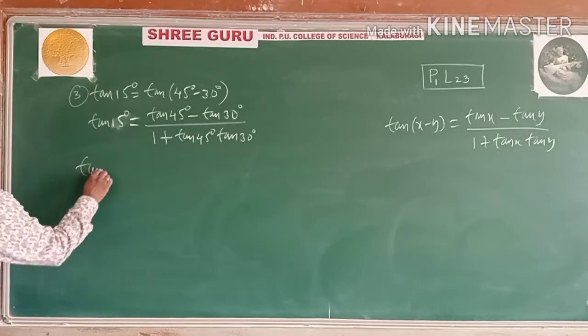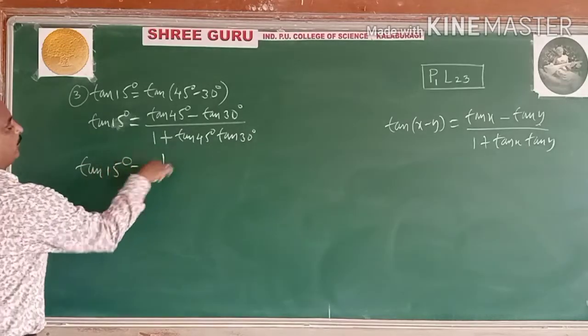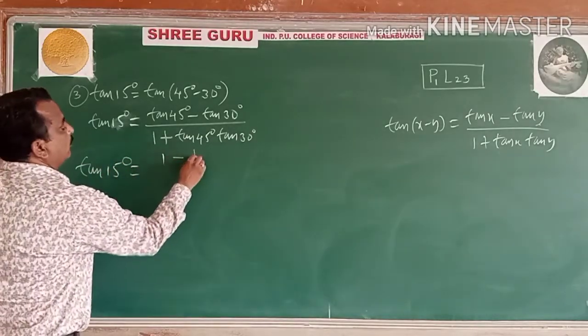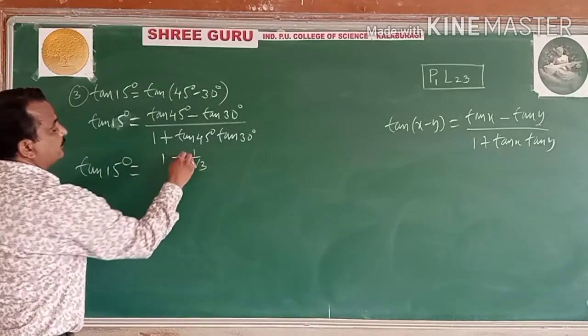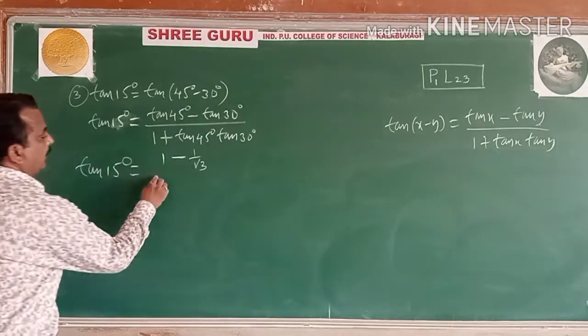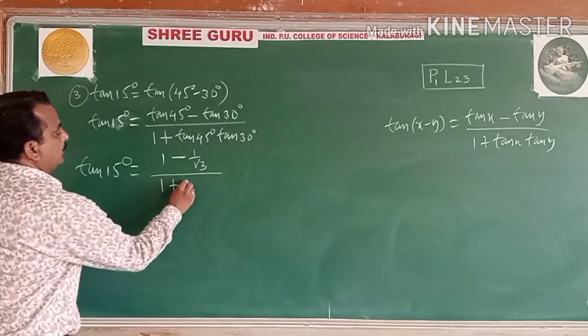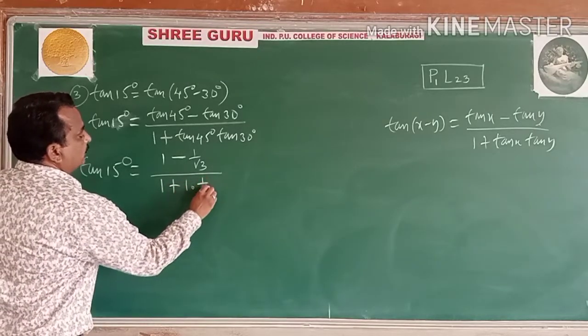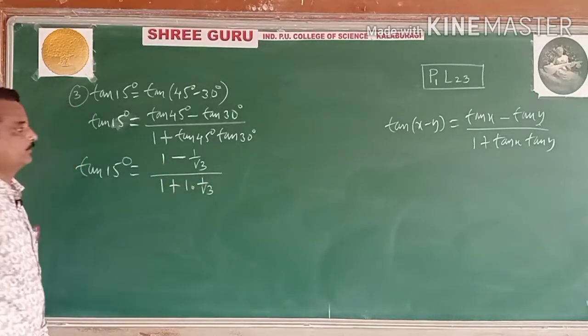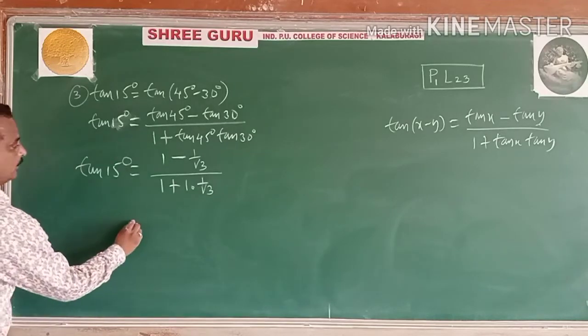Now see, simplify it. Tan 45 is 1. What is tan 30? 1 by root 3. Tan 30 degree value is 1 by root 3, so the denominator is 1 plus 1 by root 3.